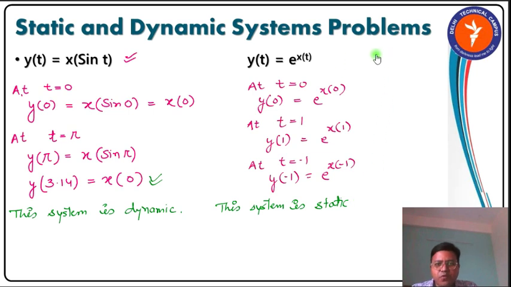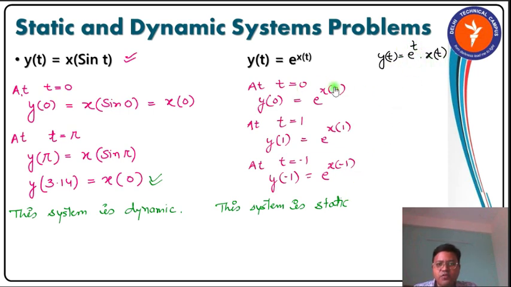We have a very similar question. Suppose we are given that y of t is equal to e raised to power t into x of t. This time the present output is equal to e raised to power t times x of t.